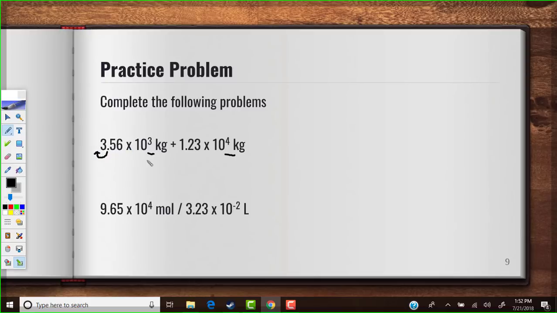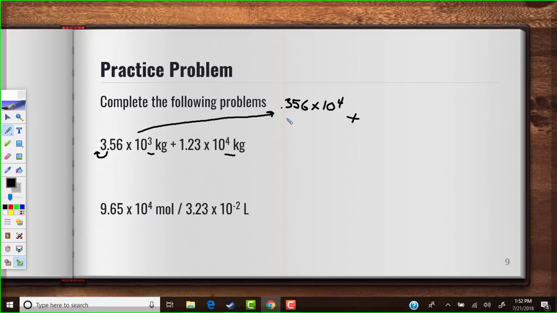So when I add these two numbers, it's now going to be 0.356 times 10 to the 4th. Keep in mind where I got that number from.